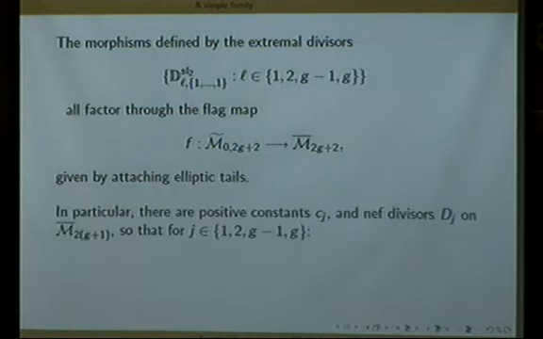So what I'm saying is that there are positive constants c_j and nef divisors D_j on M_{2g+1} bar, this moduli space of positive genus curves, such that when you pull back these nef divisors that you're solving for, you get something proportional to our extremal divisors. So what that says is the morphisms that are defined by these extremal divisors factor through this map.